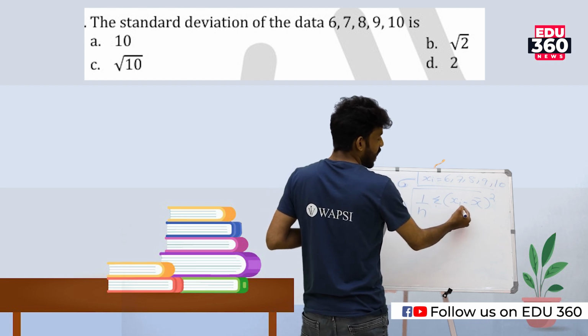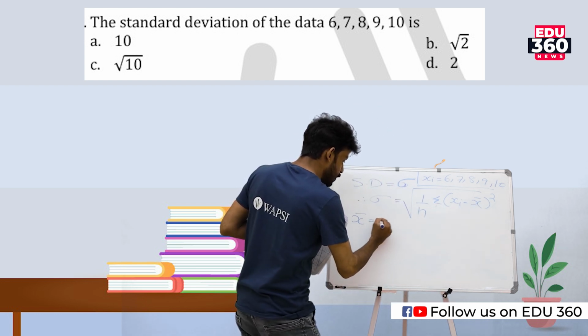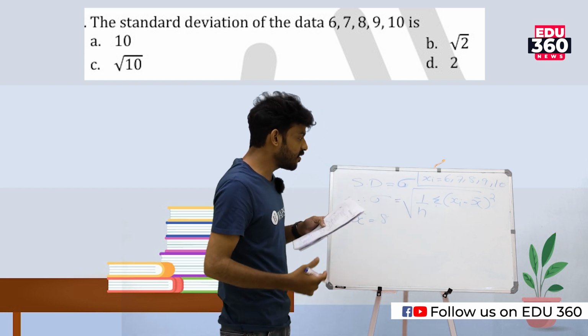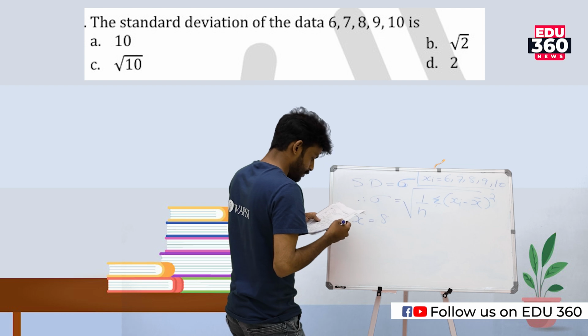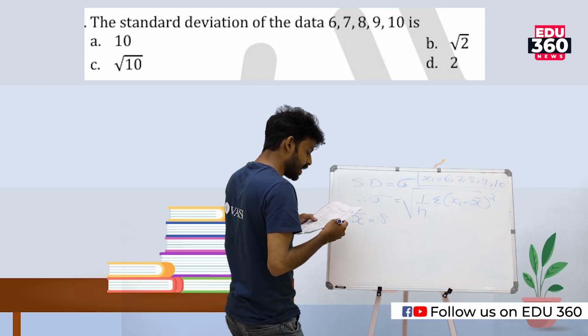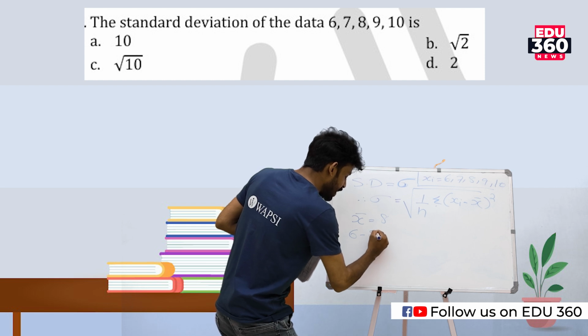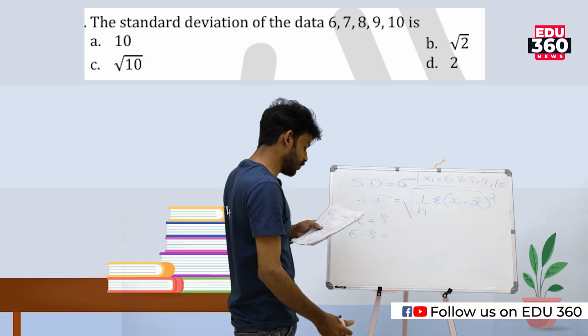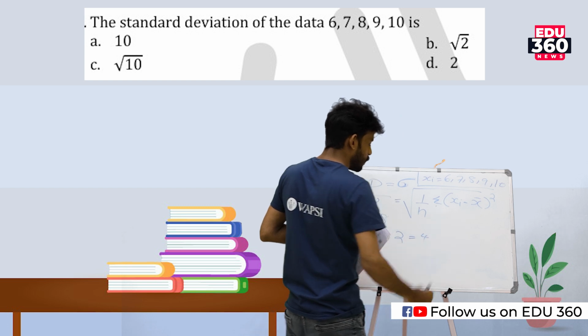We know that the value of x bar is equal to 8. So first of all we can write xi minus x bar. So 6 minus 8 for the first one, so that is equal to minus 2. The square, 2 square means 4.